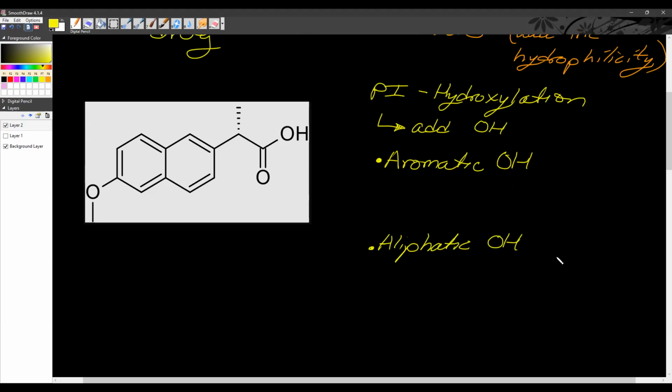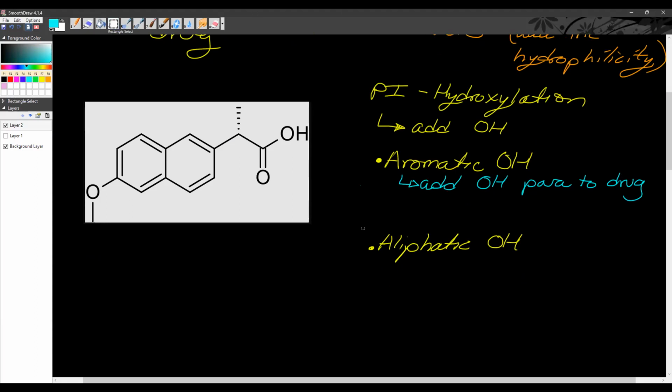Aromatic hydroxylation is pretty straightforward, where we are going to add an OH para to the drug, in some sort of para position.